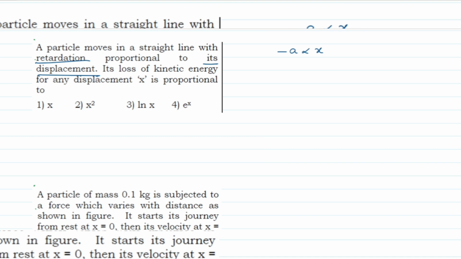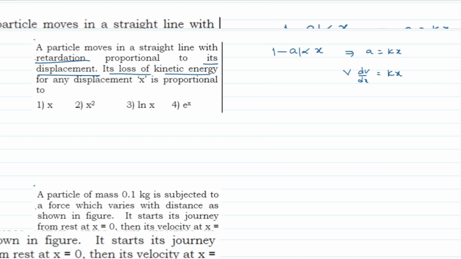So here we can talk about its magnitude, students. Here instead of proportionality I am just taking a equal to kx. So acceleration we need to take as v into dv by dx, which will be equal to k into x you can take.